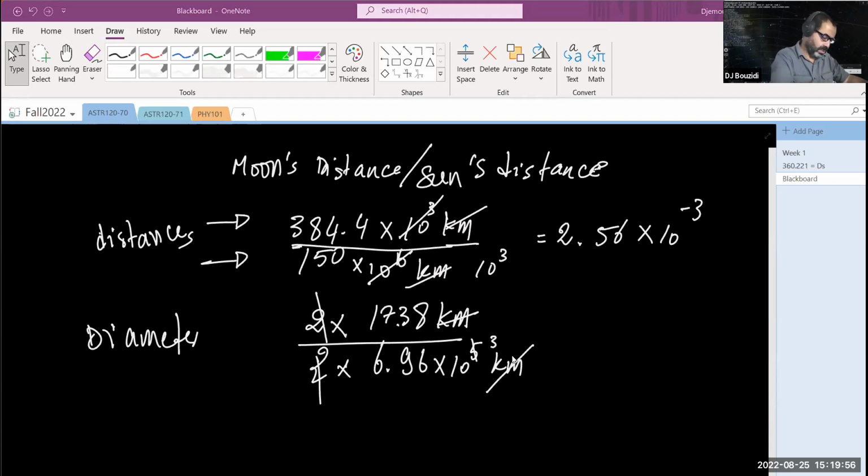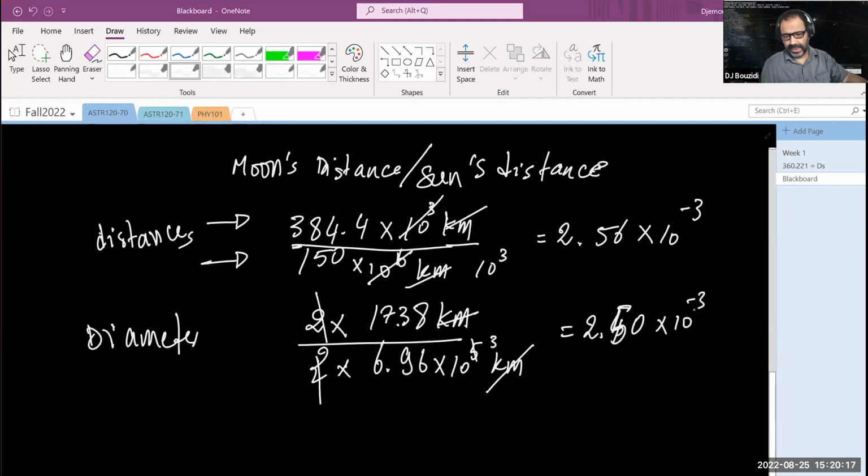And if it's not clear, also let me know. The answer is 2.497, which, if I round it up, is actually 2.50 times 10 to the power negative 3.